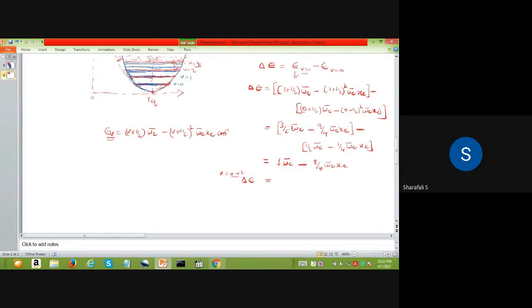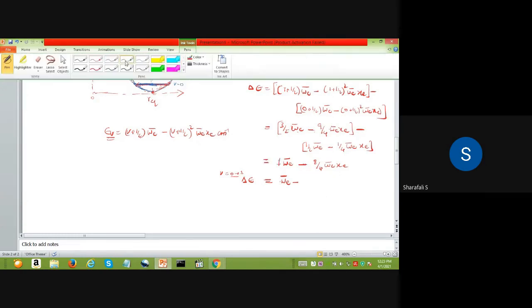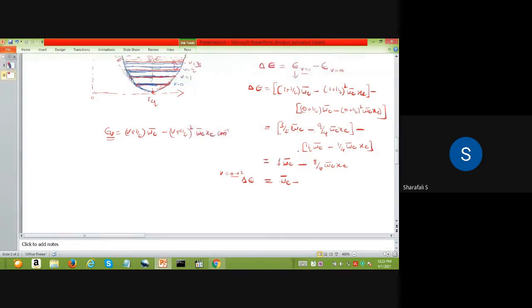So in this case, delta E will be equal to omega E bar minus 1 by 2 omega E bar x. Sorry, this is 2x, 8 by 4 is 2. So this is 2 times omega E bar x, or I can take this as omega E bar into 1 minus 2x.